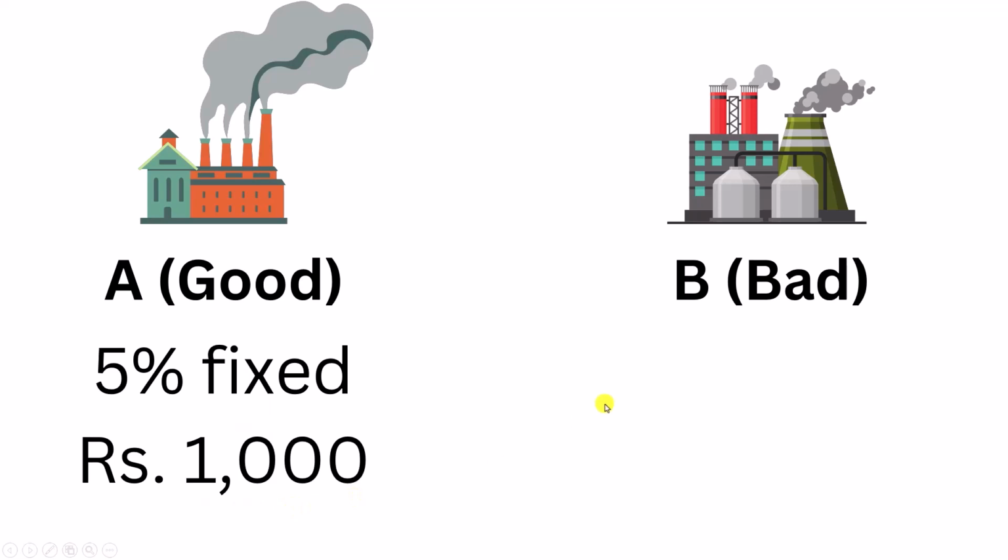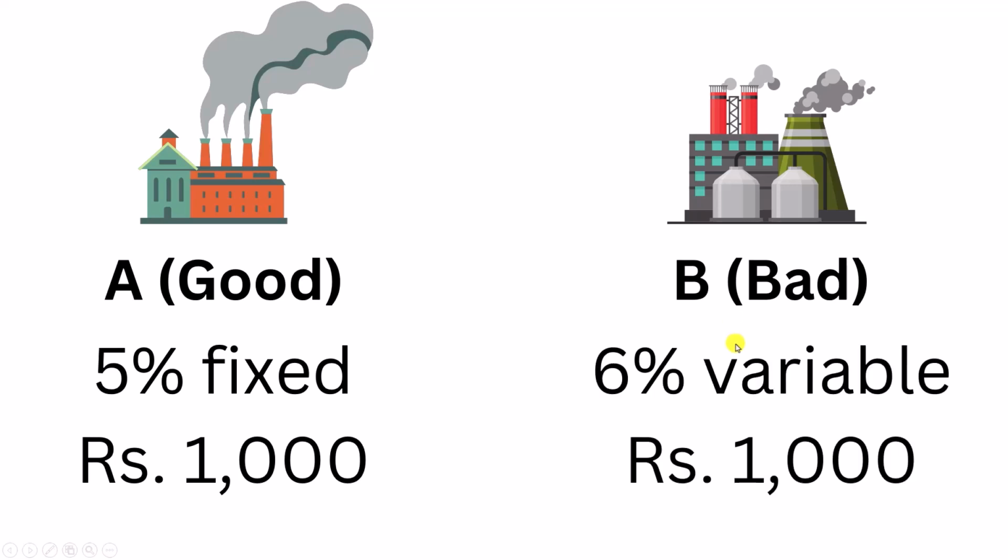Now, B is a bad company and so many banks are not willing to give out a loan to them. Some banks are willing, but they charge 6% interest and it is a variable interest rate, meaning this can change anytime.